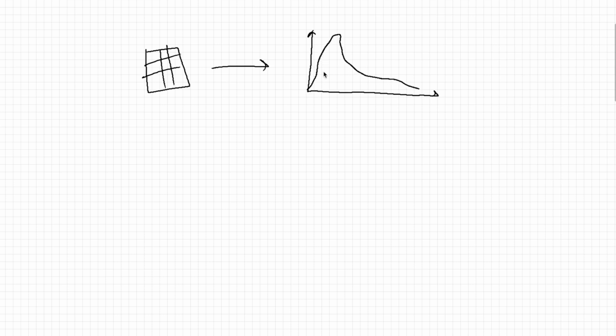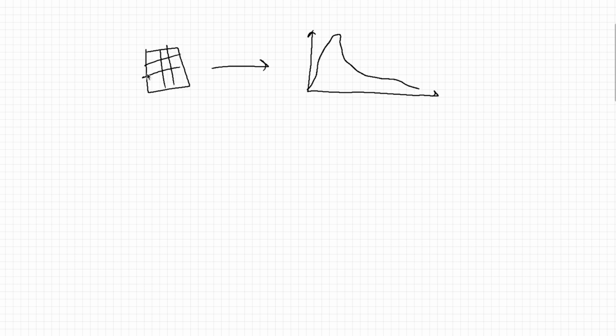I know this is continuous. In our case it will not be continuous, it will be individual bars, but this is easier to draw, so I'm just drawing it this way.